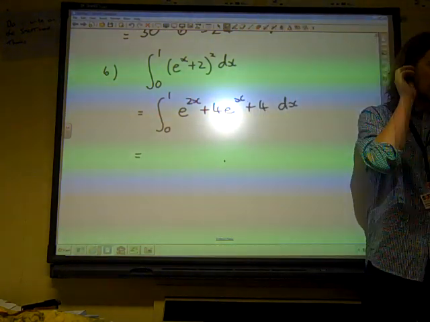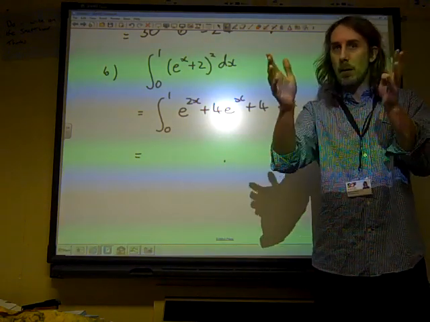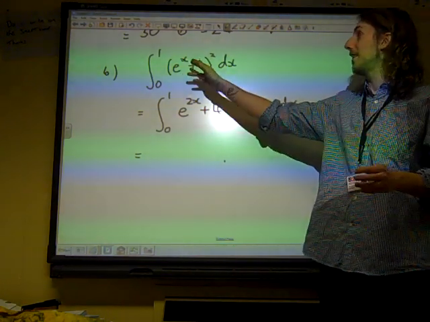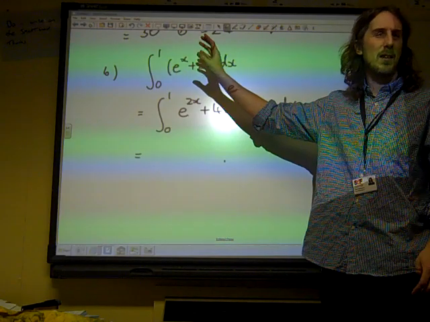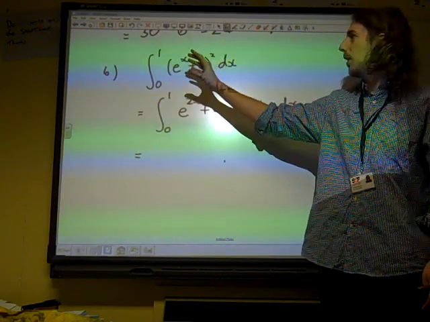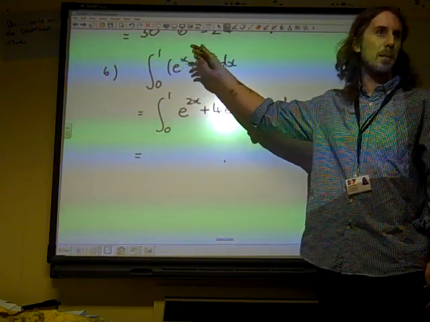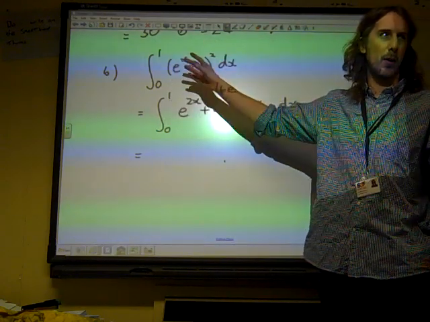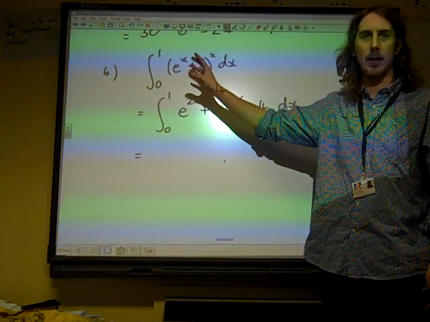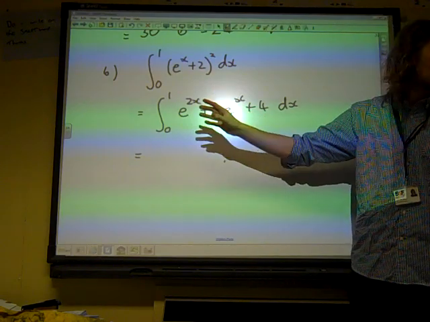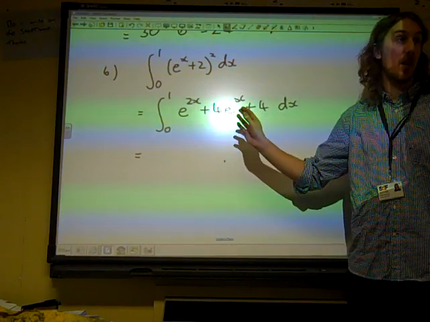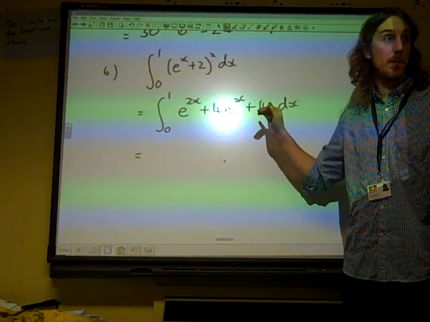Okay, so in marking all of these, where it went wrong for some people is they tried to do something really odd with adding 1 to the power and dividing by the e to the x and all sorts of stuff going on. And you've lost everything there. Some other people multiplied this out and forgot that there was a 4 at the end of it.